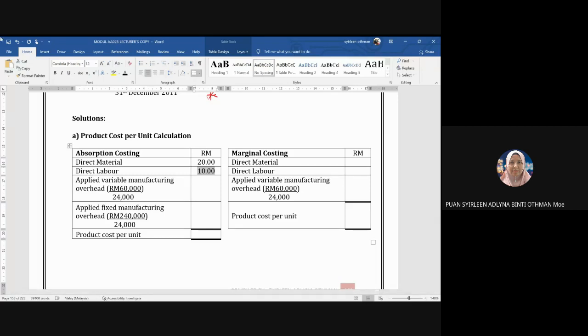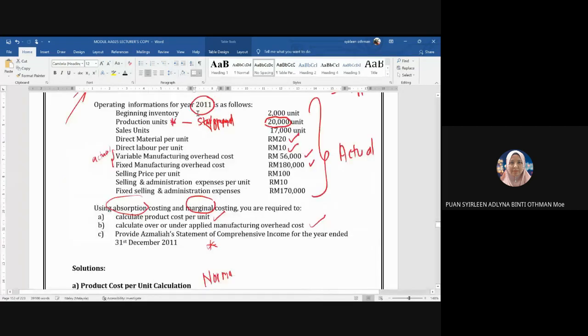Ini you tak akan guna actual, nanti bila awak buat soalan, awak akan silap sebab you akan guna actual. Bila you guna actual, variable ni you akan ambil RM56,000. Salah lah. Sebab kita tak akan kira actual lagi. Kita buat normal costing. So bila kita buat normal costing, you akan kira guna maklumat yang kat atas ni. Kita guna ni. Okay? Sebab kita nak kira POR actually.